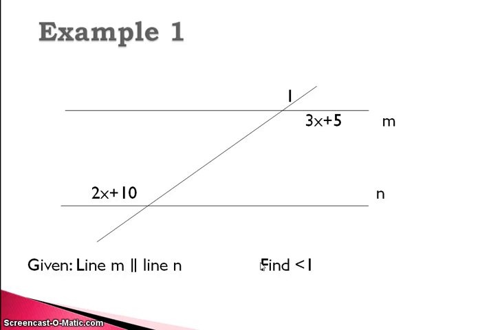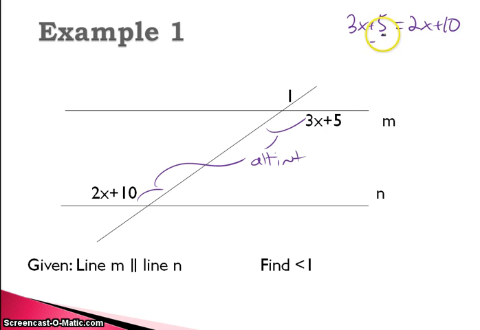So we see that given line M is parallel to line N, and with these two angles, those are both alternate interior. So I know with parallel lines, alternate interior angles are congruent. So let's set those equal to each other. 3x plus 5 equals 2x plus 10. Subtract over the 5, subtract over 2x.